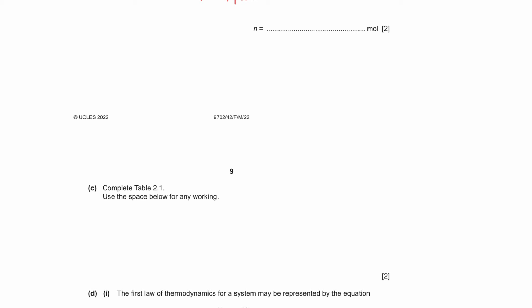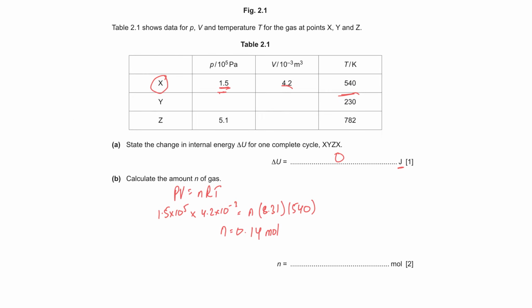C says, complete table 2.1, use the space below for any working. So complete the table. Now, we know that for an ideal gas, P1 V1 over T1 is equal to P2 V2 over T2, which is equal to P3 V3 over T3.